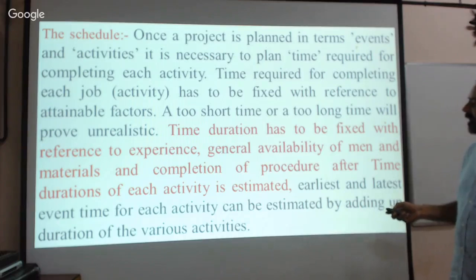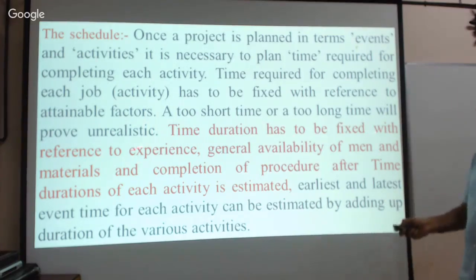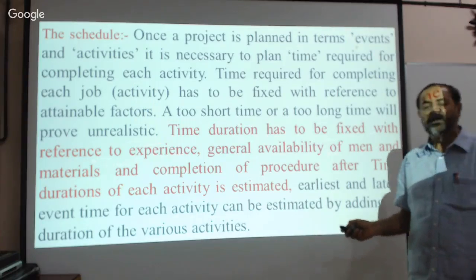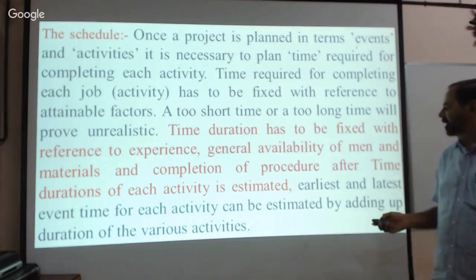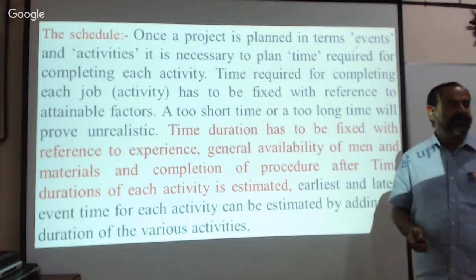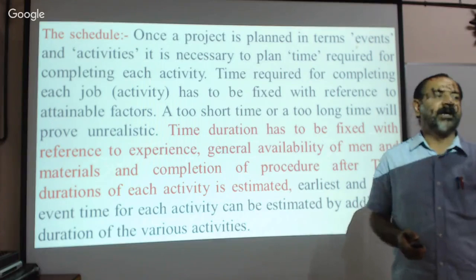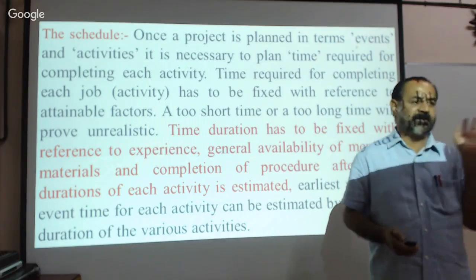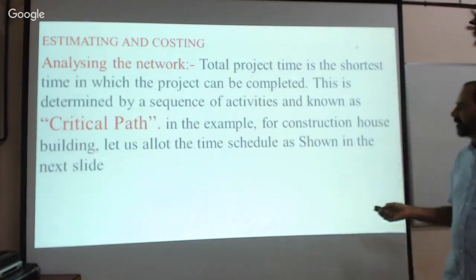Therefore, very carefully you have to estimate this. The time duration has to be fixed with reference to the experience and general availability of men and materials and the completion procedure of the project. All these things will be estimated by the engineer who is the project in charge. Please remember this.